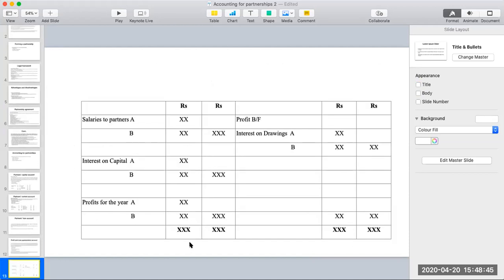Right. This is an example for profit and loss appropriation account. Profit brought forward means the accounting profit that we calculated. Then interest on drawings. If there are any interest on drawings, that has to be charged from the partners. Therefore, it will be debited to the current account and credited to P&L appropriation account.